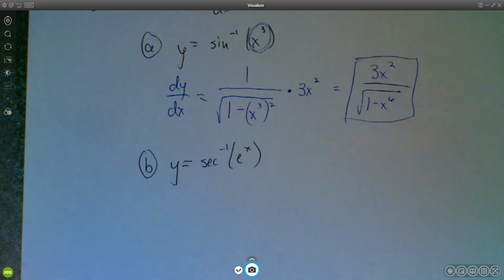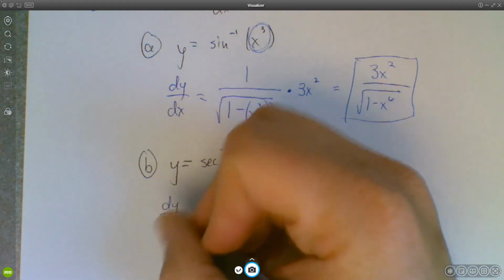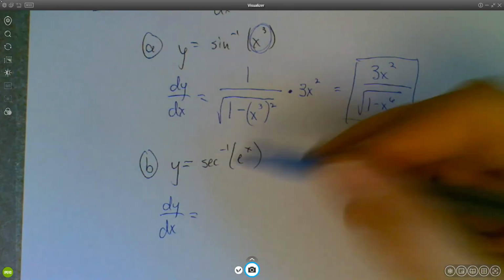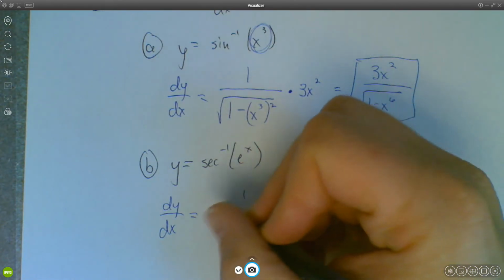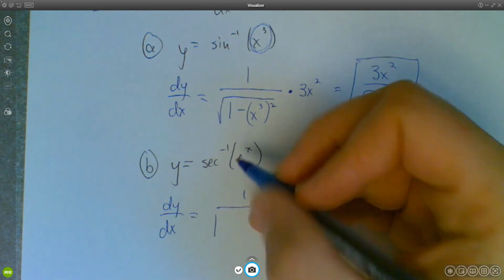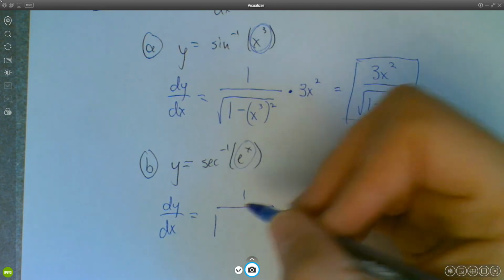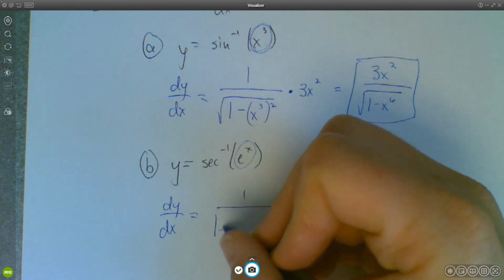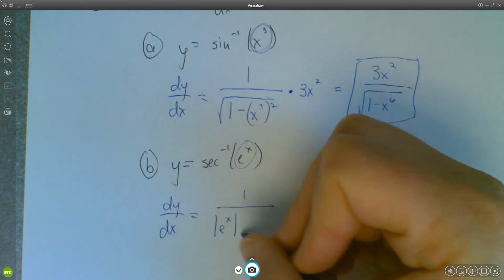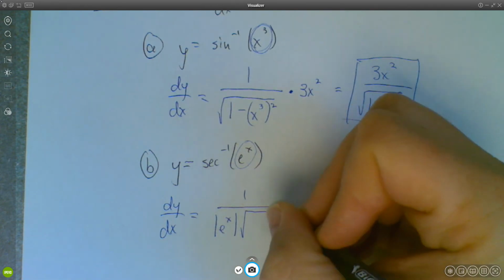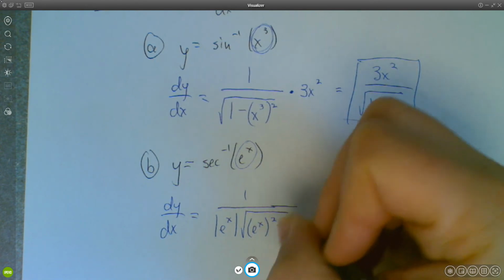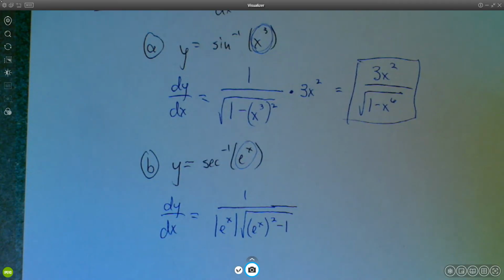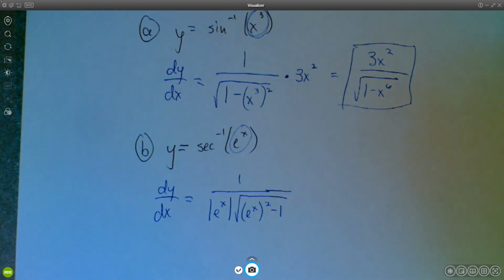Okay, here's my solution. dy dx is going to be the derivative of the secant inverse function, which is 1 over the absolute value of x, but by x we really mean the argument, times the square root of the argument squared minus 1.